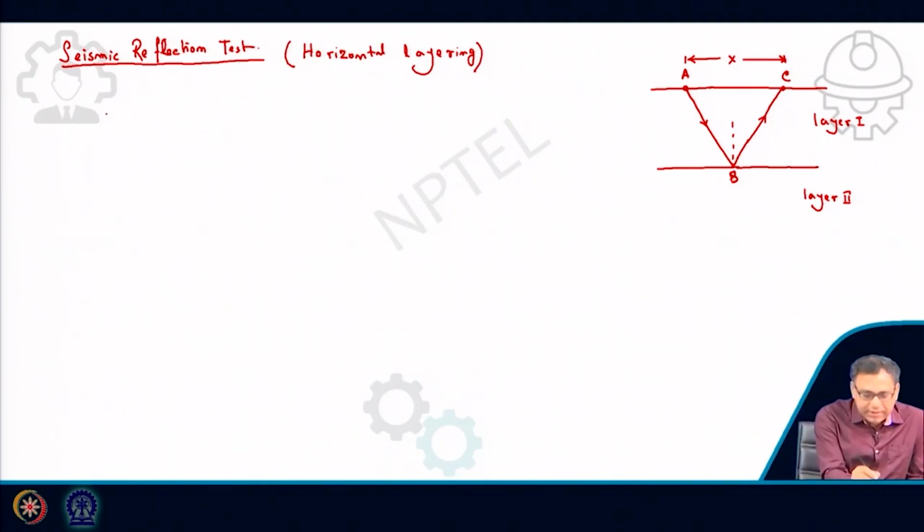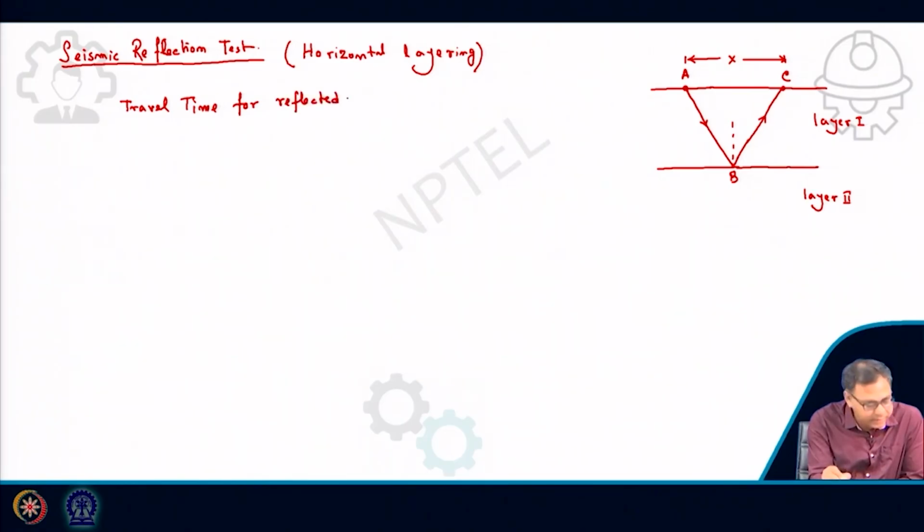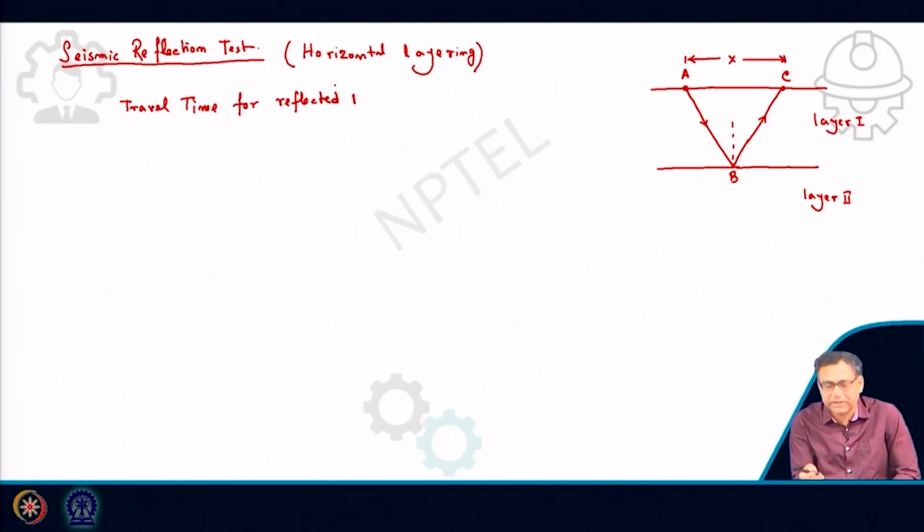So, I can write the travel time for the reflected ray. Here it can be P wave, it can be S wave, depending upon how you are generating it.